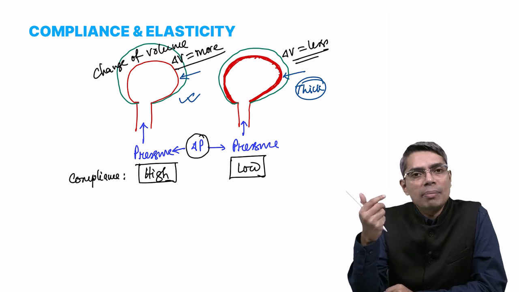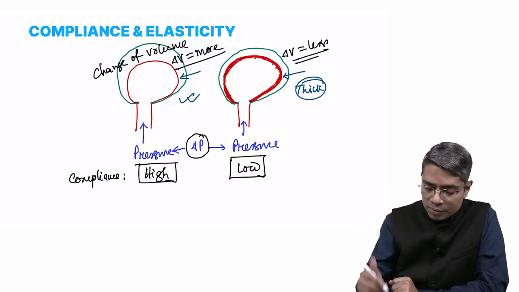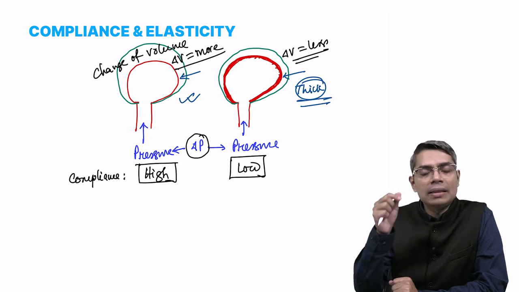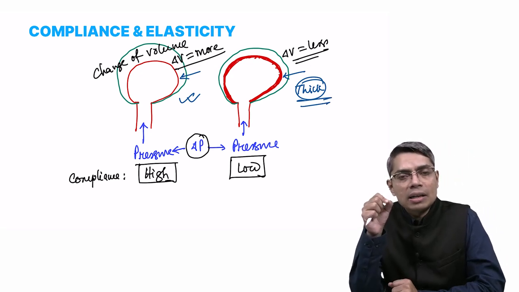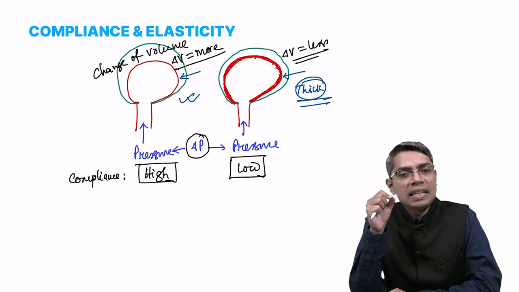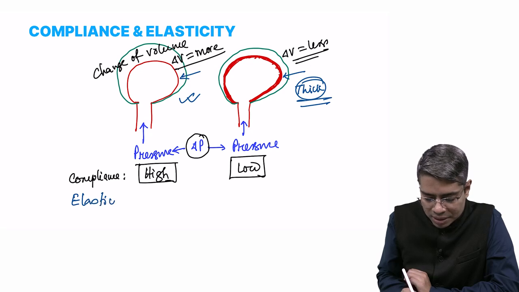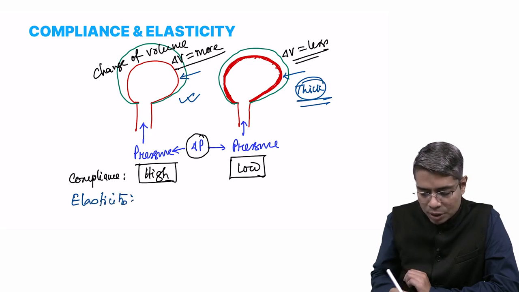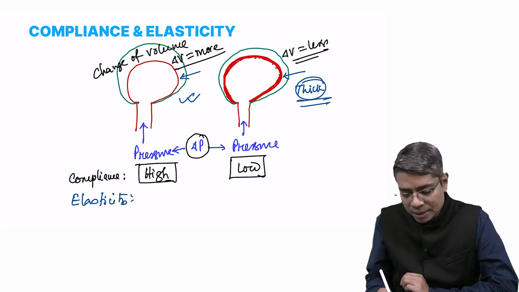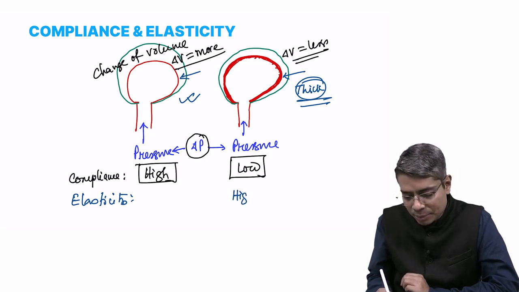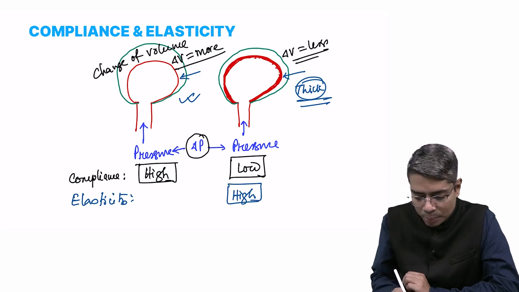Which balloon recoils back with higher force? The thicker balloon. This returning to the original condition is known as the elasticity of the balloon. So if I ask which balloon has more elasticity, you can easily answer that the elasticity of the second balloon is high in comparison to the first balloon.